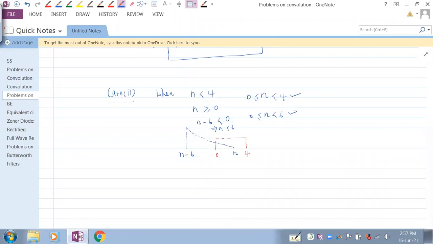From 0 to 4 is the shorter range, or from 0 to 6 is the shorter range. 0 to 4 is the shorter range. Okay, so always go with the shorter range. So this is what you will go with, and this you will ignore. That means you're not considering this. You'll just consider these two for deciding.